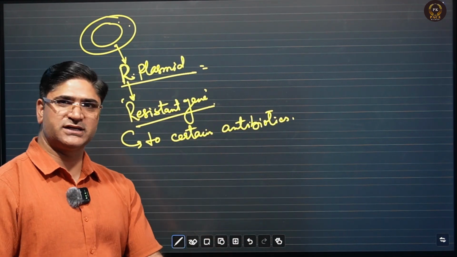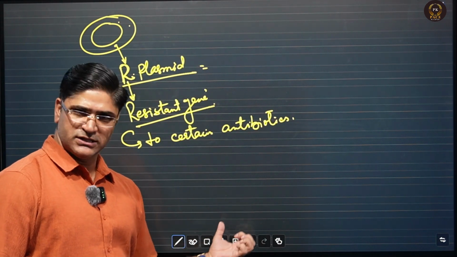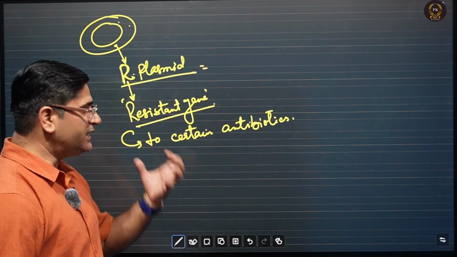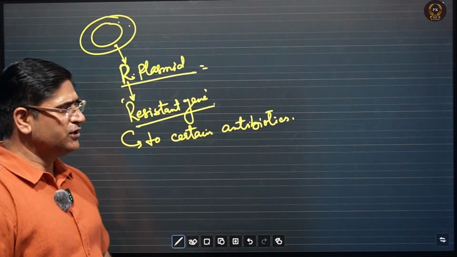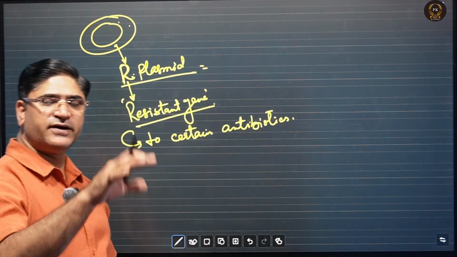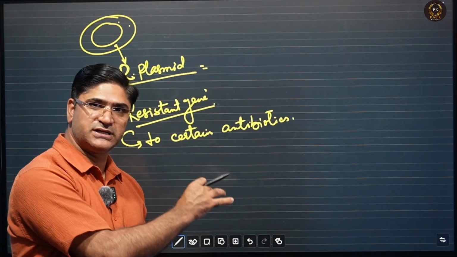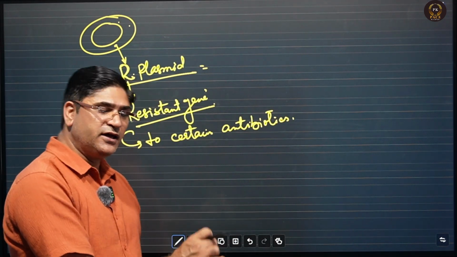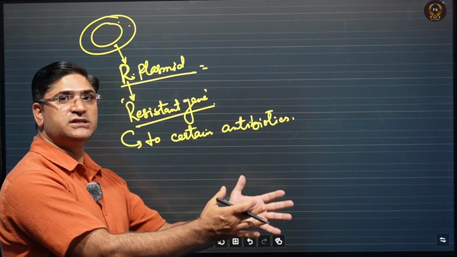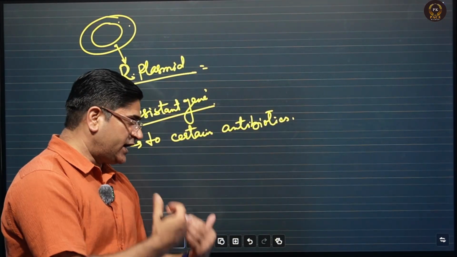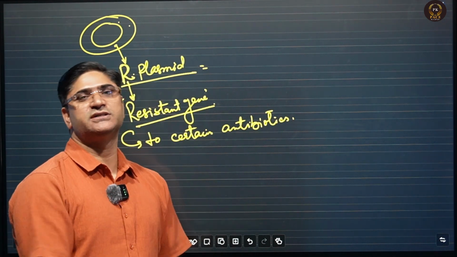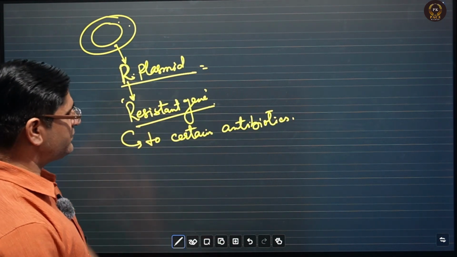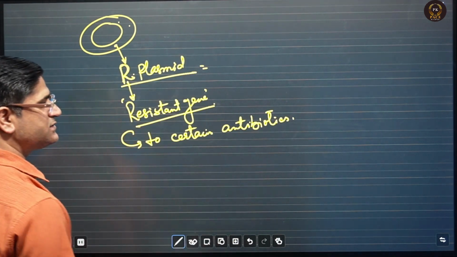So those antibiotics will not work on those bacteria because they already have natural resistance. Like that, there are different types of genes present in this plasmid DNA, and with their help the bacteria having the plasmid become a specialized type of bacteria. Remember, that is the function of the plasmid DNA.